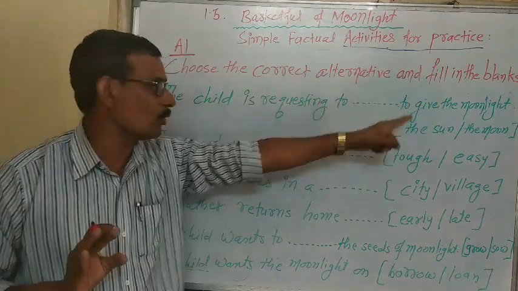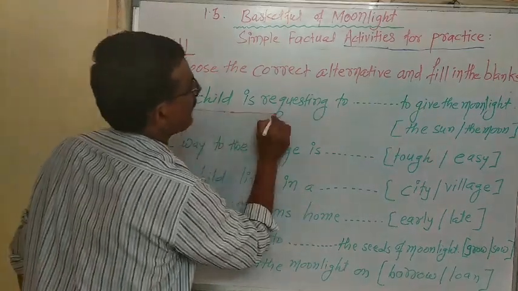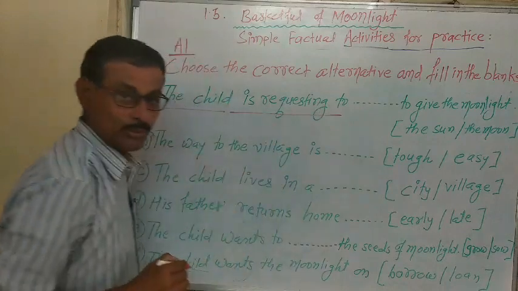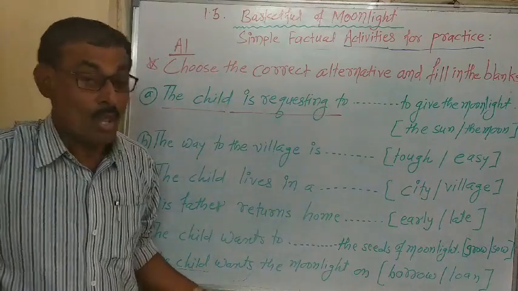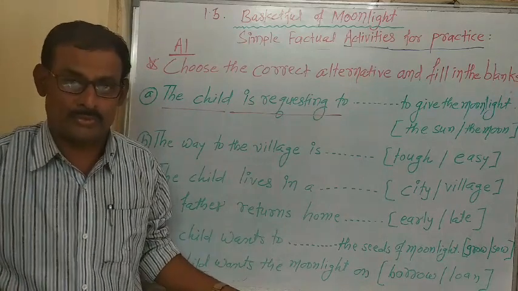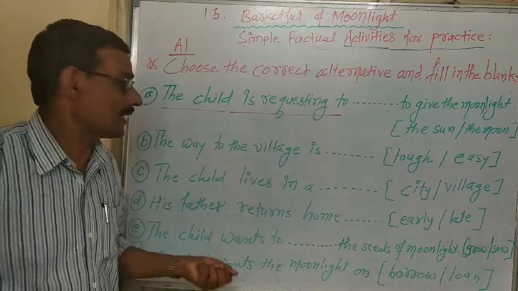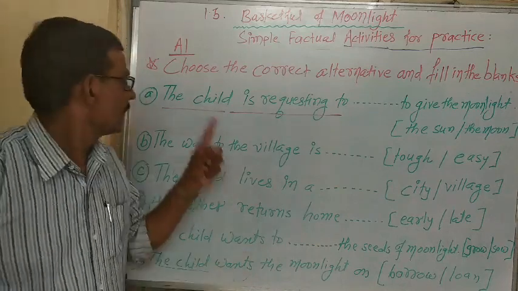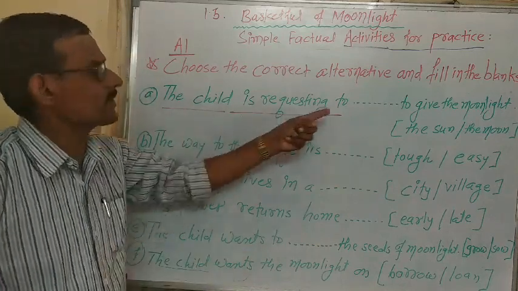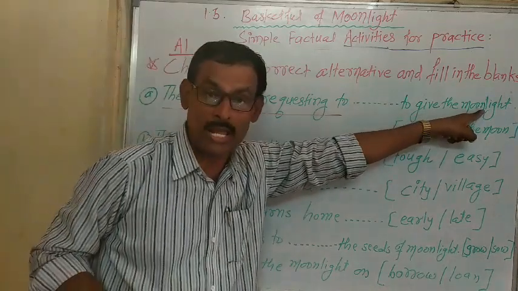Okay, let's see. The child is requesting to, as we know, whom does the child request? Whom is the child requesting? The child is requesting to dash to give the moonlight.